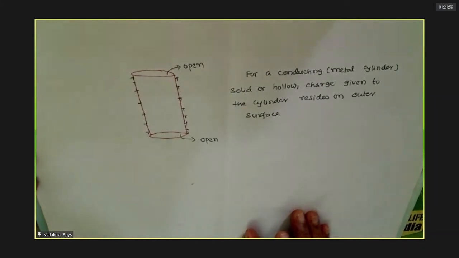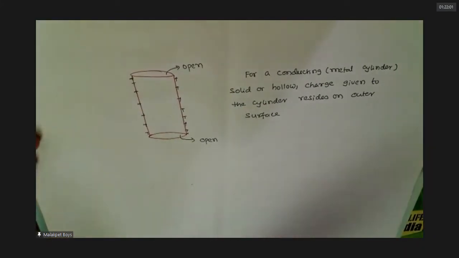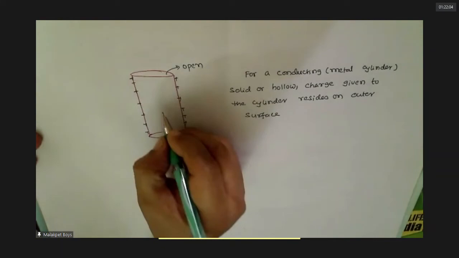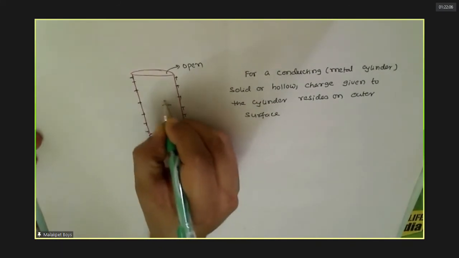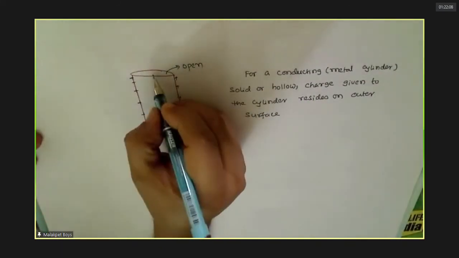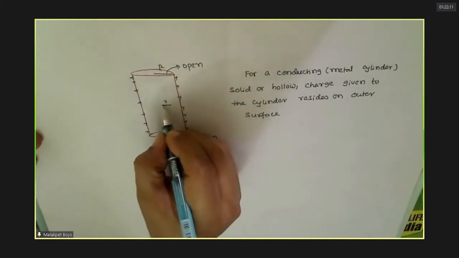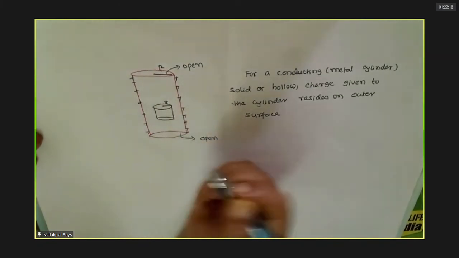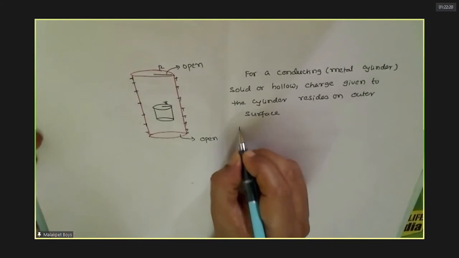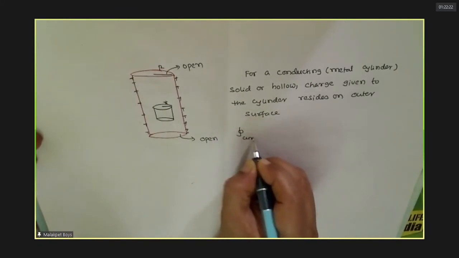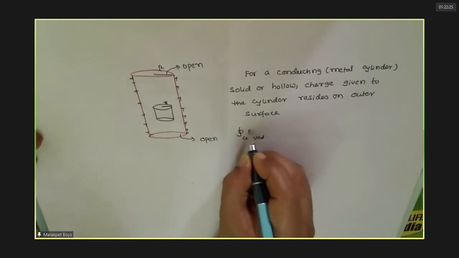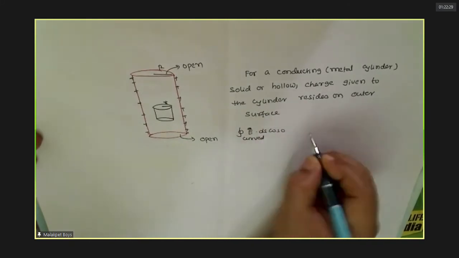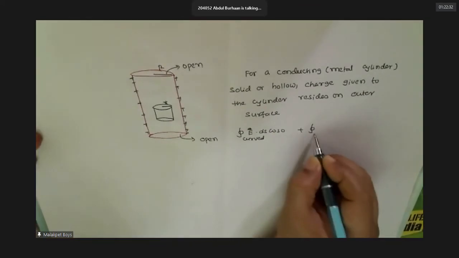Follow this. Now, suppose I need the field at a distance smaller than the radius. As this is the radius, this is smaller. I'll take a cylinder here, same story. Then what do you have for the Gaussian surface? Curved one. Upper surface.